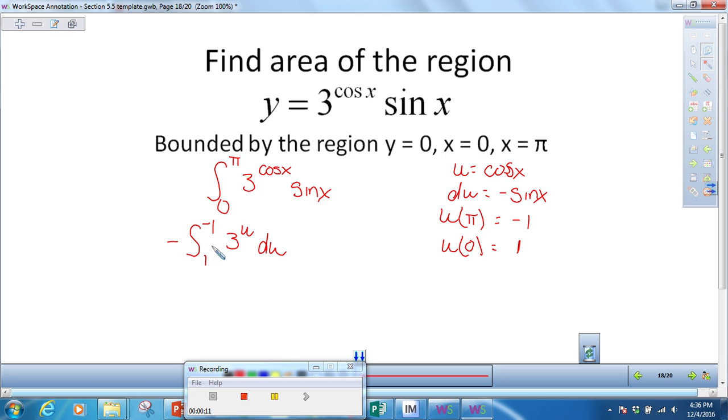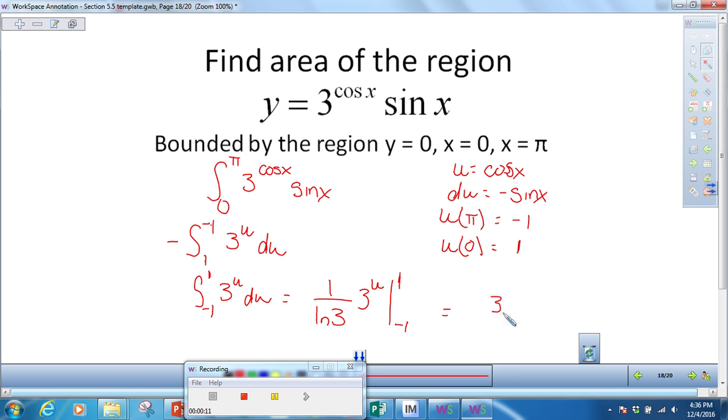This is negative and these are swapped. So what if I switch these around? I make it negative 1 to 1, and because I flipped these around, I got rid of the negative, and it's still 3 to the u du. So that gives me 1 over the natural log of 3 times 3 to the u, evaluated from negative 1 to 1.